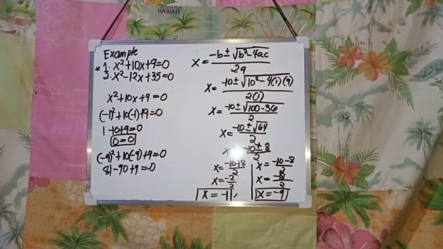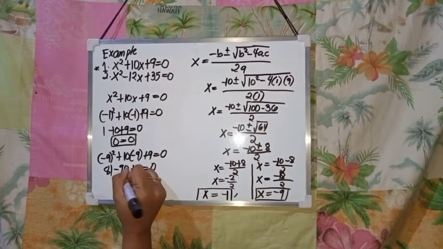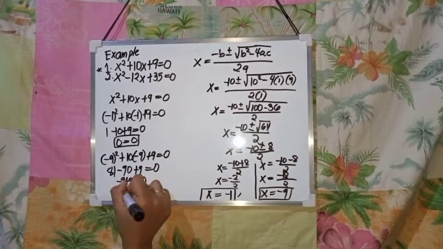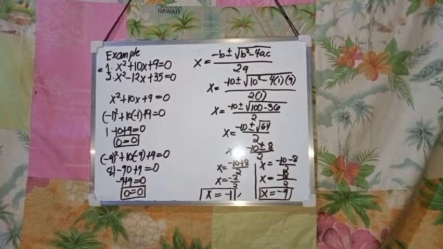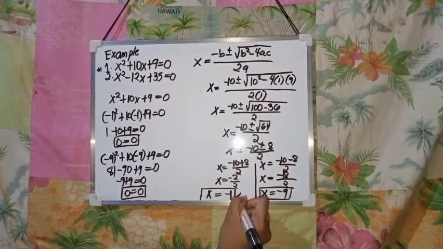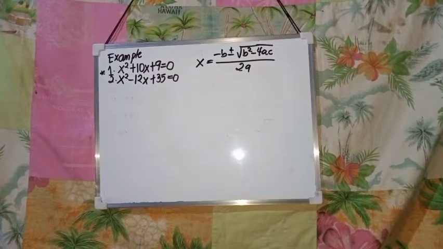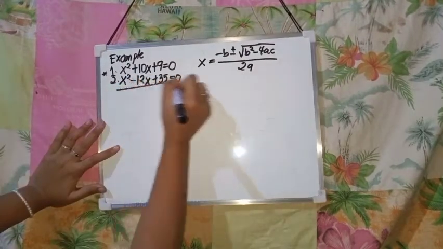So 81 minus 90 is negative 9, plus 9 is 0, and 0 is equal to 0. So therefore, in x squared plus 10x plus 9 is equal to 0, the two values of x are negative 1 and negative 9.